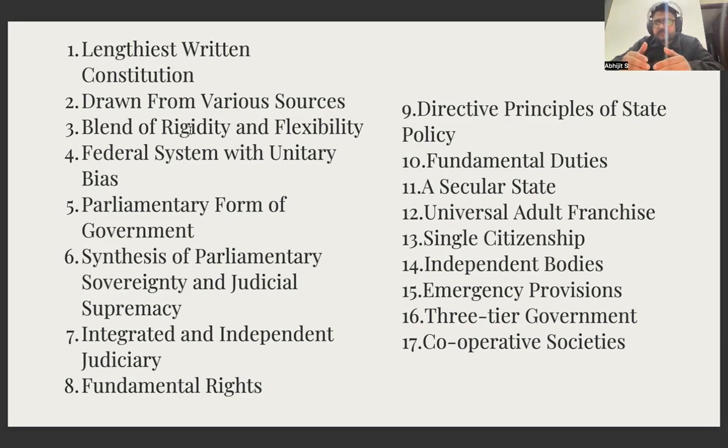We'll be discussing the first 7 of these salient features.